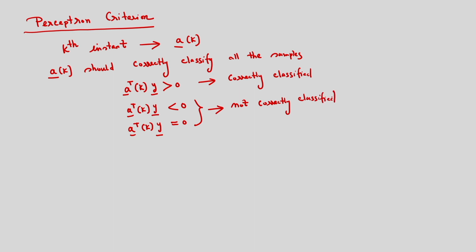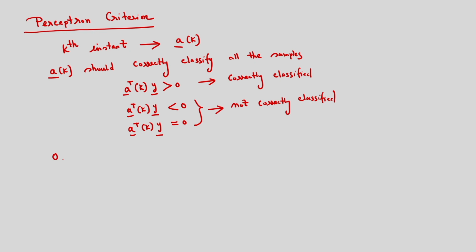In fact, for the third condition, a transpose k y equal to 0, we cannot take a classification decision. So samples may belong to any one of the classes, and we cannot take any classification decision for the condition a transpose k y equal to 0.